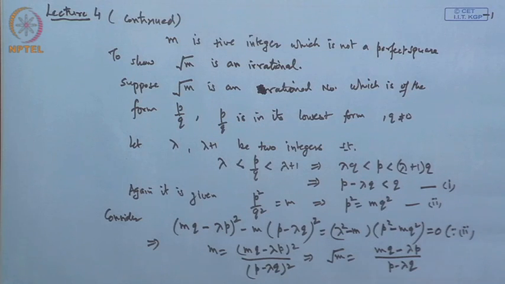Now, p minus lambda q is less than q from 1.